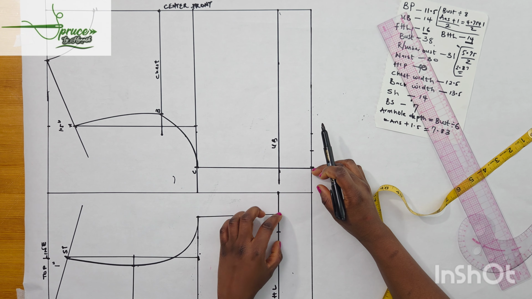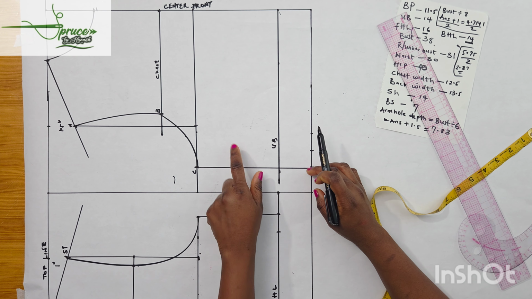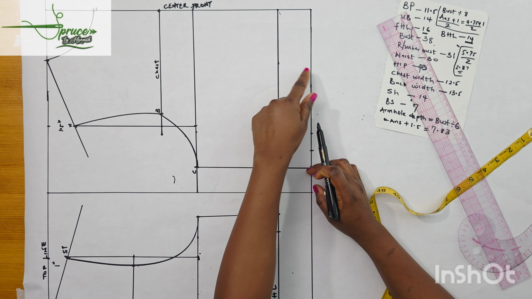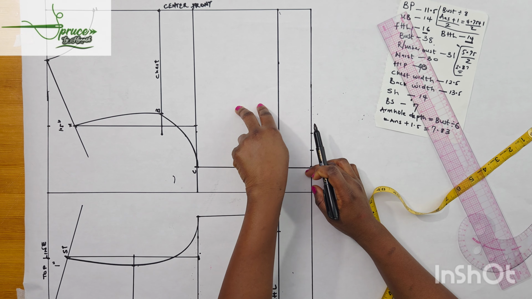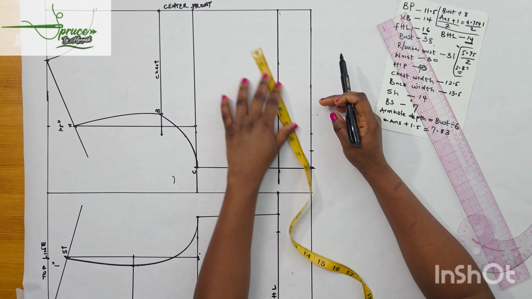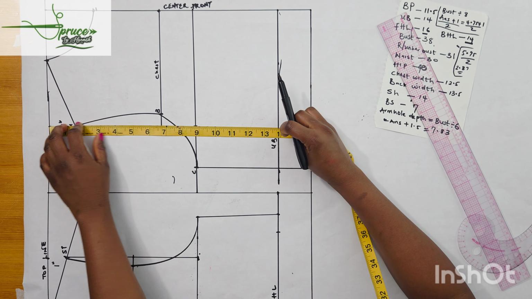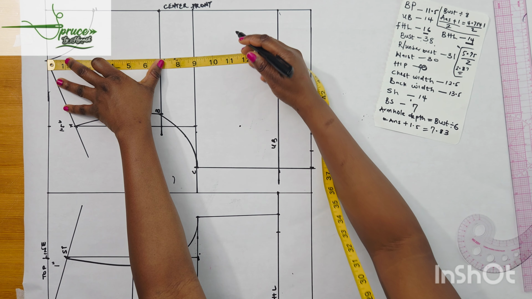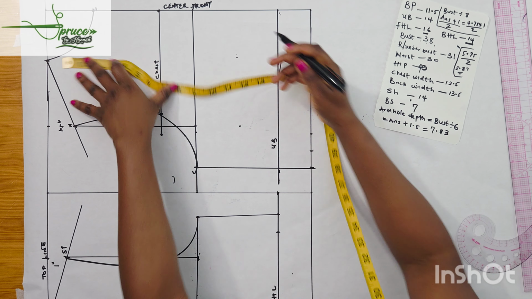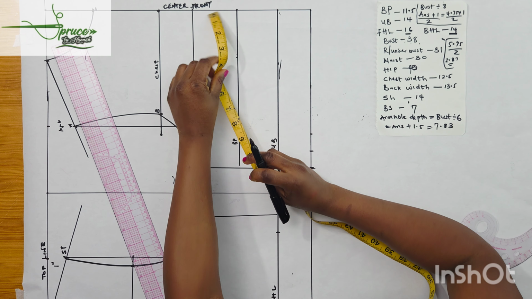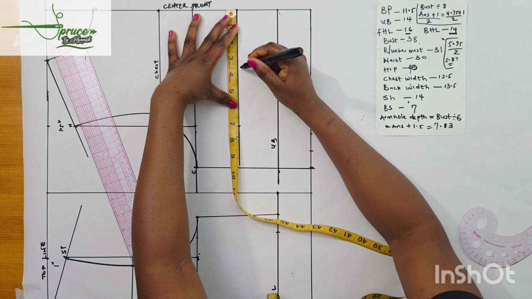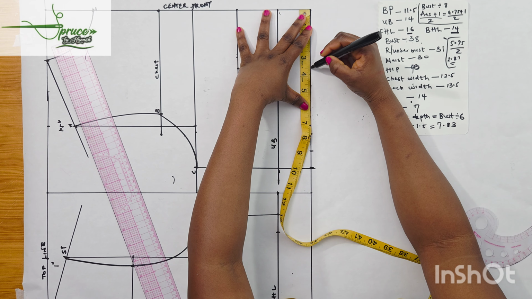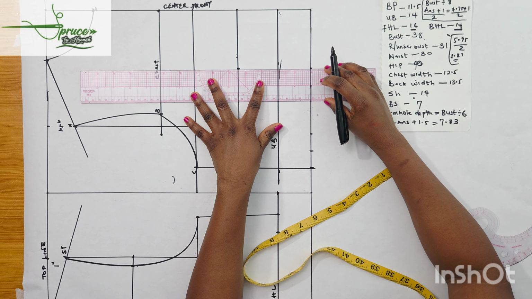You might be wondering if the side back and the side front will align. Yes, they will align, and we are going to get to that point by introducing what we call the bust dart. But before that, let's mark our bust point, and that is what you see me doing. Rule a straight line at that point. Then you're going to enter your bust span measurement. Bust span is 7, half of the bust span is 3.5.